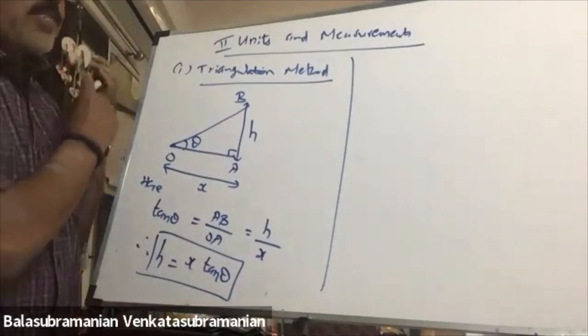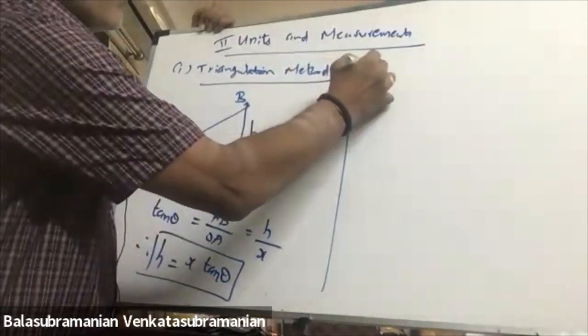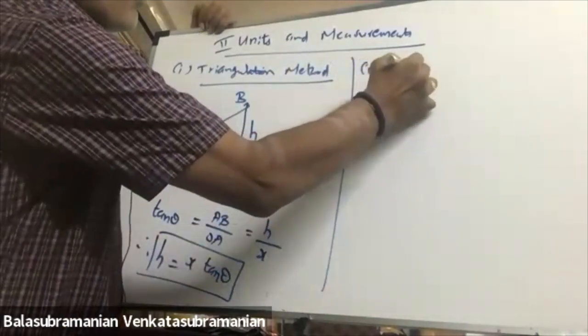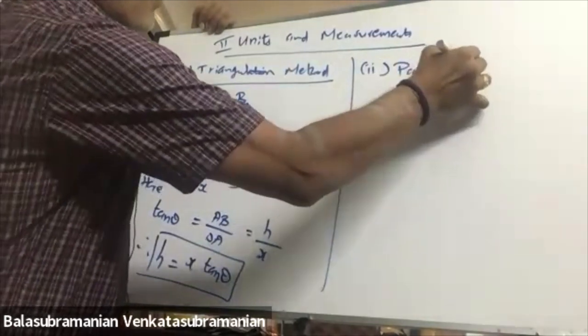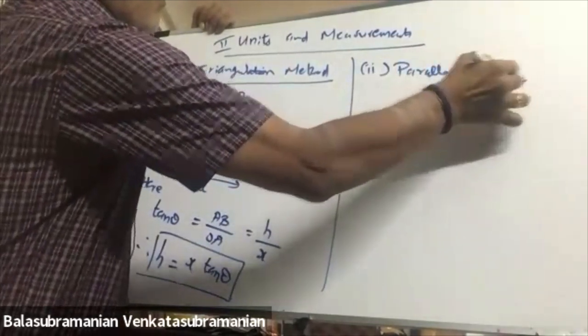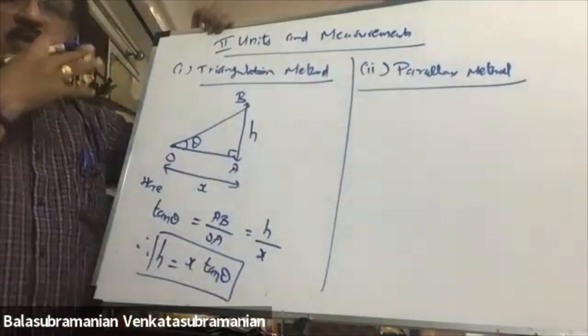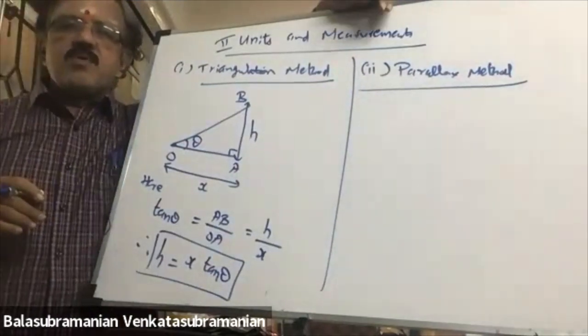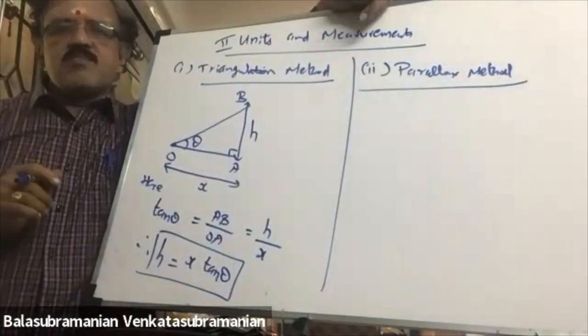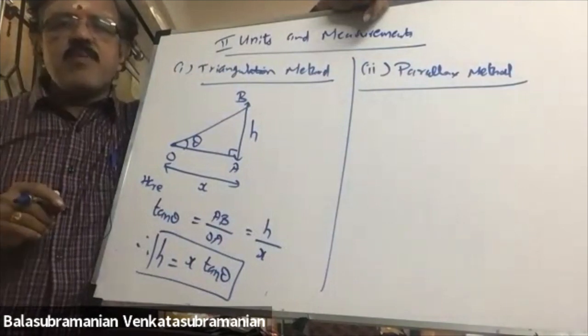Next, the parallax method. I want to measure the approximate distance of a planet.